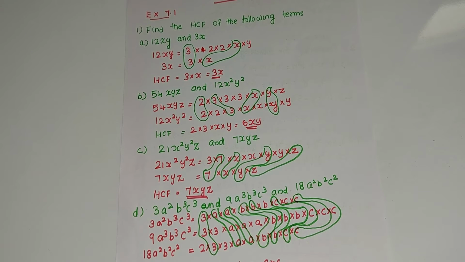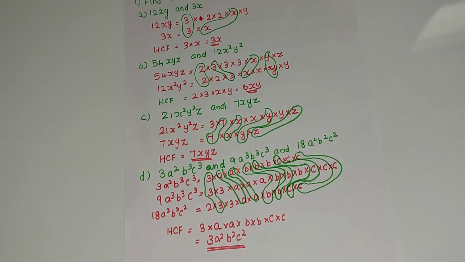And 18a square b square c square you can write as 2 into 3 into 3 into a into a into b into b into c into c. And here 3 is common, a is common, a is common, b is common, b is common, c is common, c is common. So taking the product we will get 3a square b square c square.